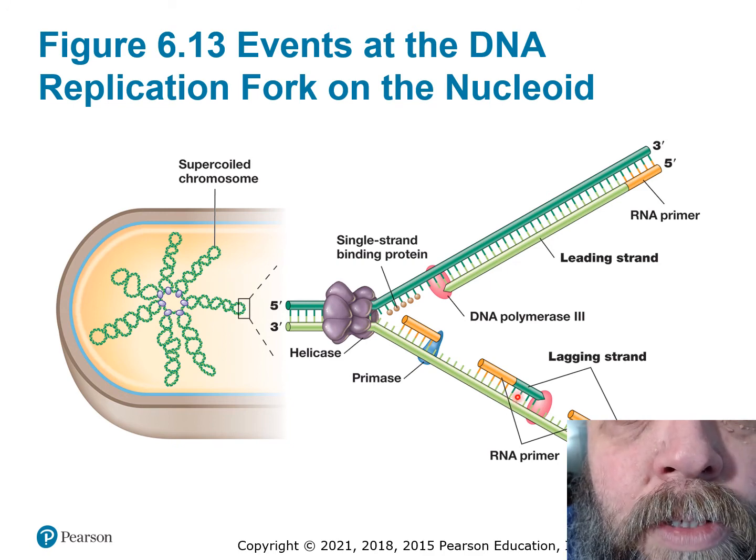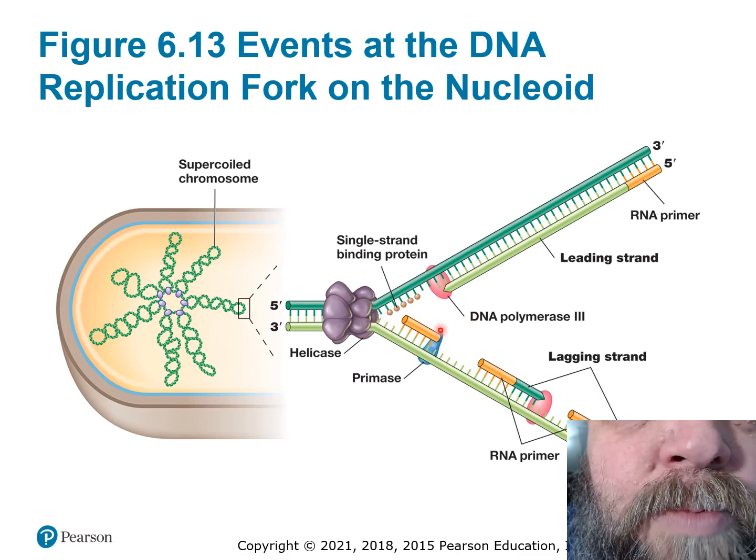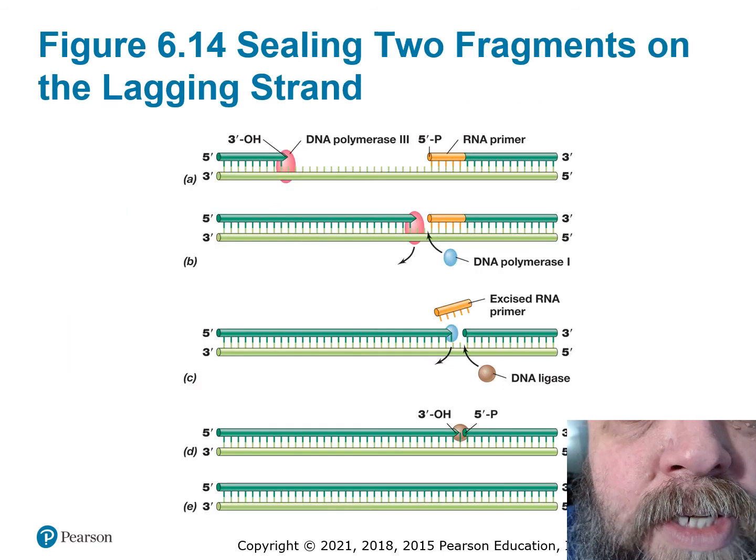It's backwards. So you have to lay down all these primers, and then Pol III fills in between a primer, jumps back, fills in, jumps back, fills in, jumps back, fills in. Pol I comes through, removes all the RNA primers, replaces them with DNA nucleotides. Ligase comes through, joins everything together as it's showing here.